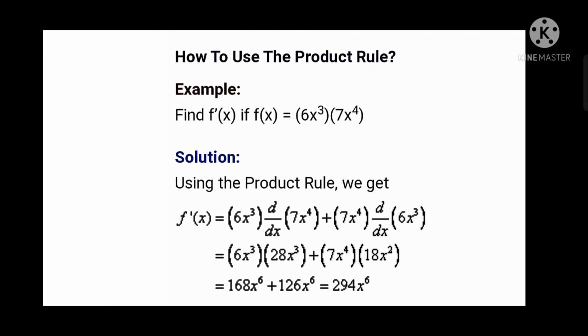How do we use the product rule? We have here an example. Find f prime of x if f of x is equal to 6x cubed times 7x to the fourth.